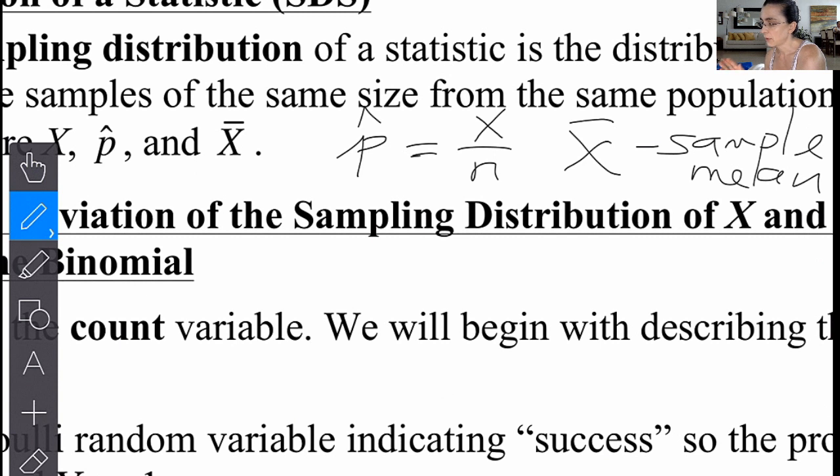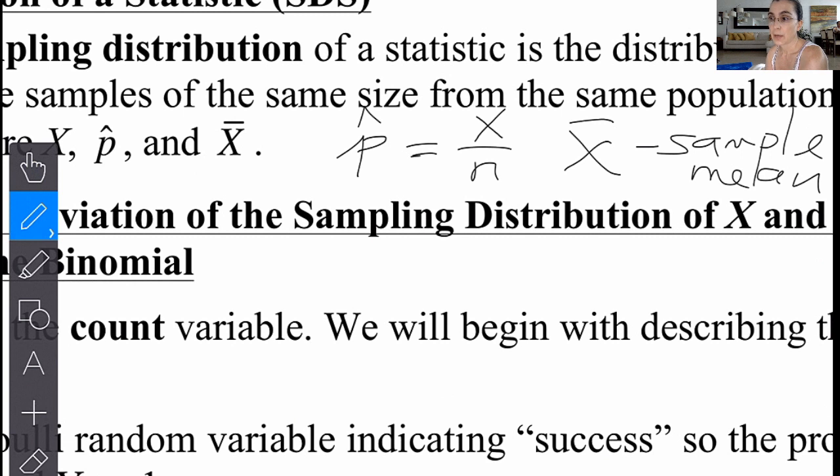So imagine considering all possible samples and calculating the statistic from each one, recording in your Excel spreadsheet. Okay? And then what? So now I have an Excel spreadsheet with all the possible means in it, if that's what I was interested in. Or let's say I was taking a sample and I was calculating the number of successes.